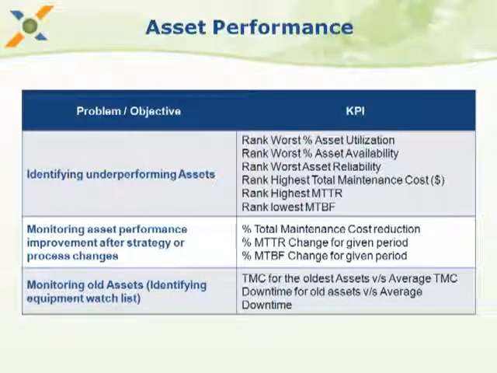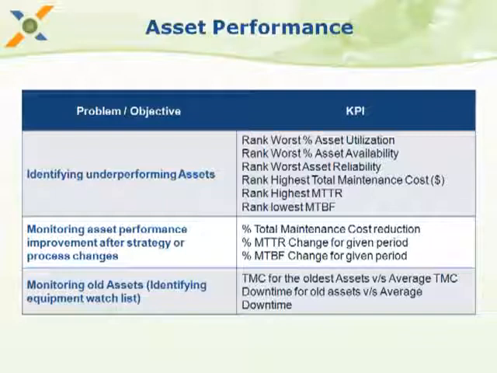If we are going to monitor a special watch list, keep old assets and identify old assets, we can focus on some of the KPIs associated with addressing this particular problem.